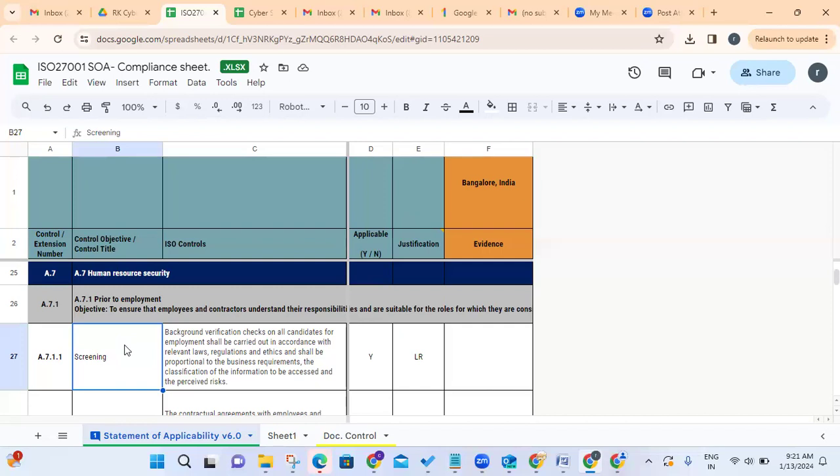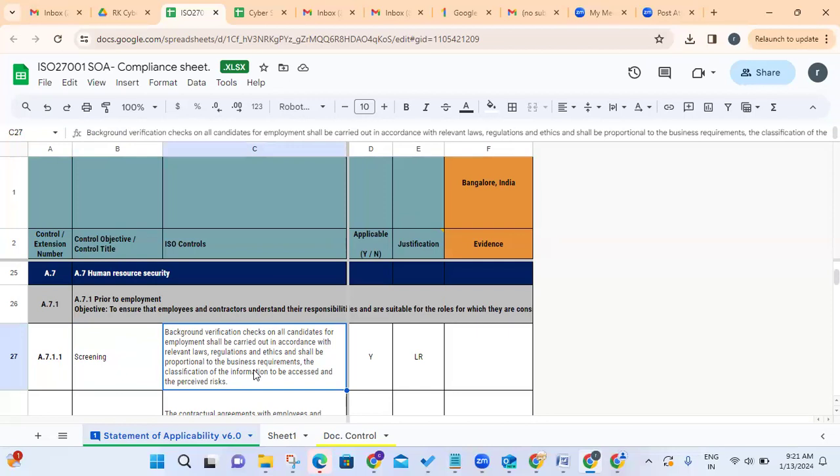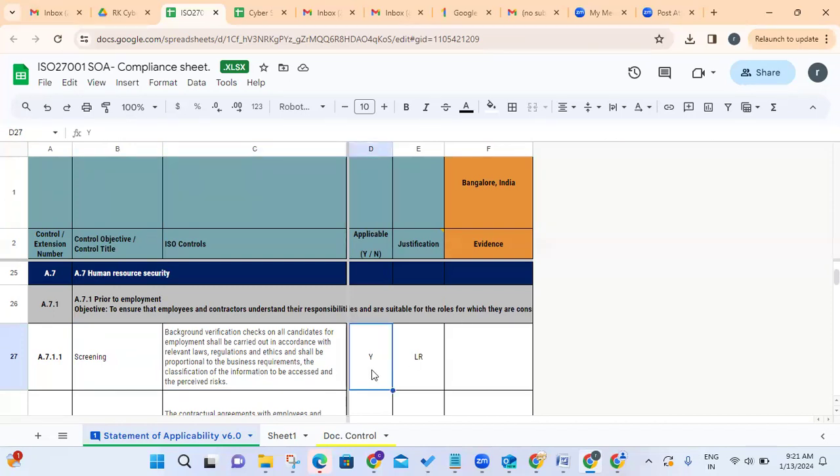So whenever the HR team is screening the resume of any candidate, how are they screening it? What is the portal and what is the process they are using? What is the risk involved? How are they accessing these portals, where are they uploading the resume? For example, the career portal, how they are accessing it, whether through VPN or without VPN, all those yes or no, or not applicable.